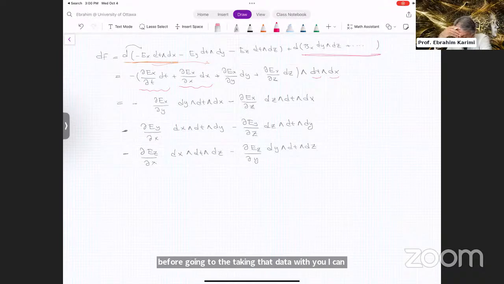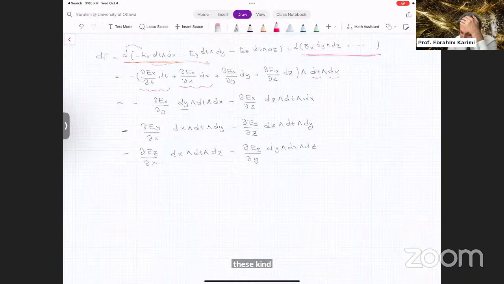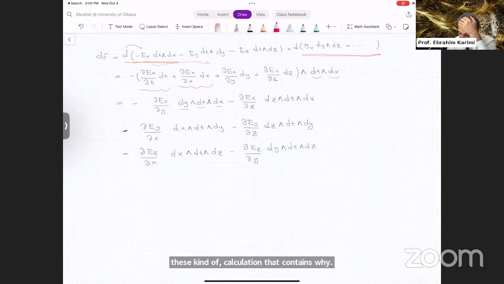Let me see if we can do this kind of calculation that contains t, x, and y. So t, x, and y is this one. Okay, so in order to get them the same, these two are different by a negative sign.